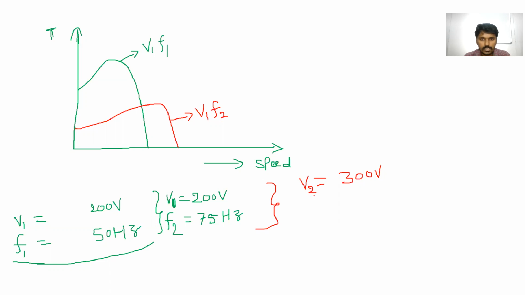Whatever the voltage changes to, that voltage is considered as V2. Now the frequency is the same. We are keeping the frequency at the second frequency, F2, that is 75 hertz. Clear? So what will happen here?